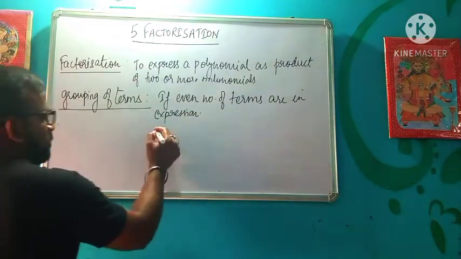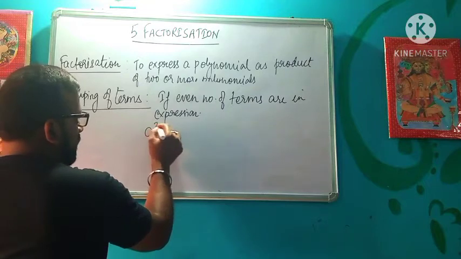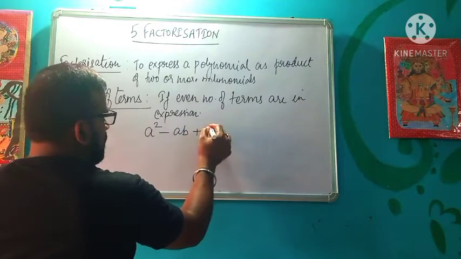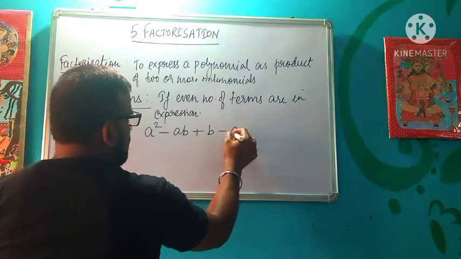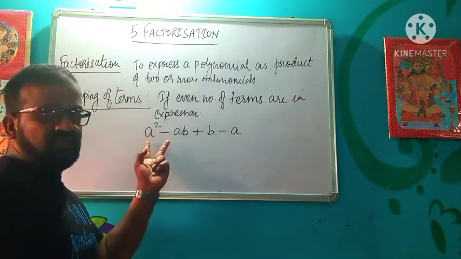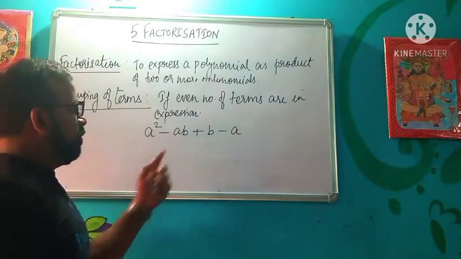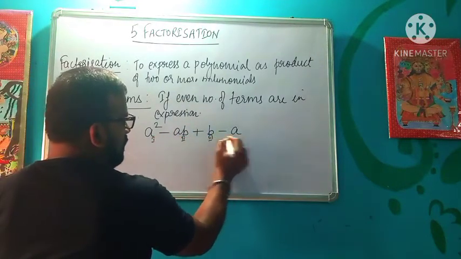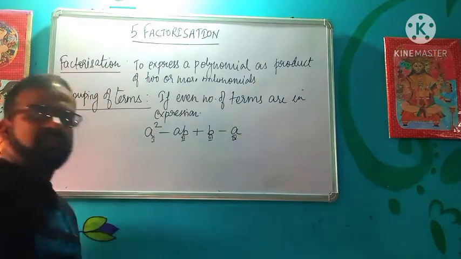For example, suppose I write a square minus ab plus b minus a. If I see very carefully in this expression, how many terms are there? 1, 2, 3 and 4. So 4 terms are there.